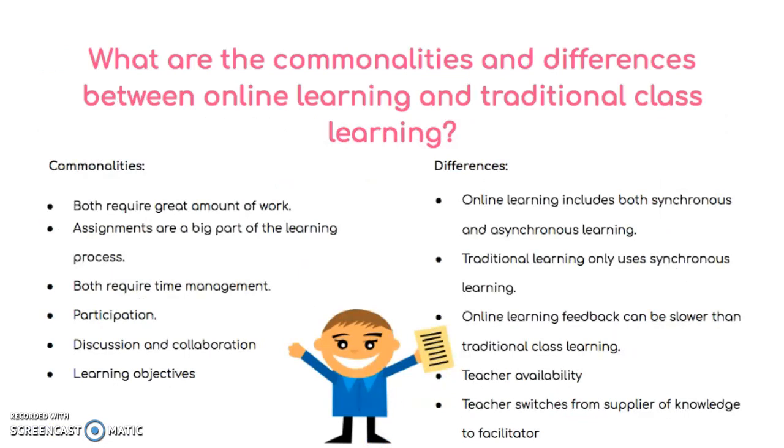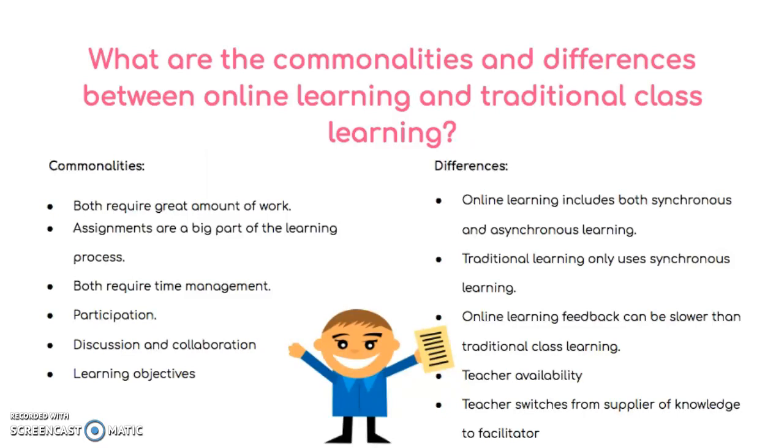Now that we've discussed learning theories, let's talk about the commonalities and differences between online learning and traditional class learning. Some commonalities would be that both require a great amount of work, assignments are a big part of the learning process, they both require time management, participation is key from the student, discussion and collaboration is in both, and both forms have learning objectives.